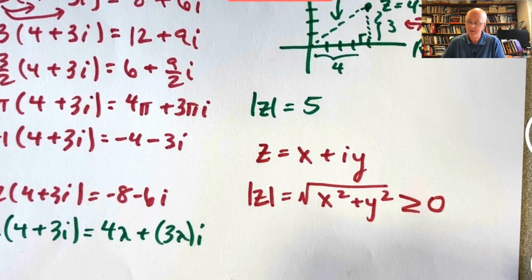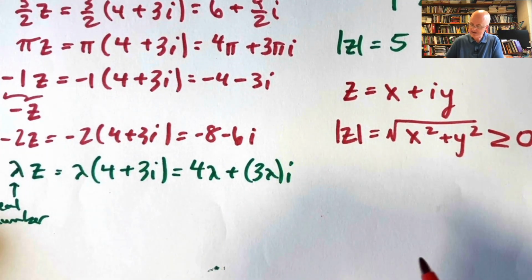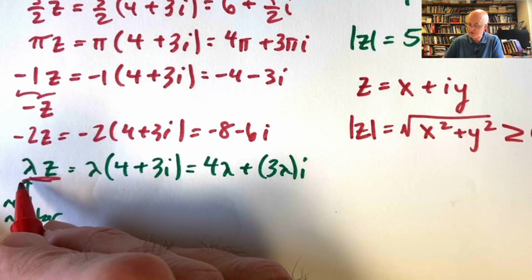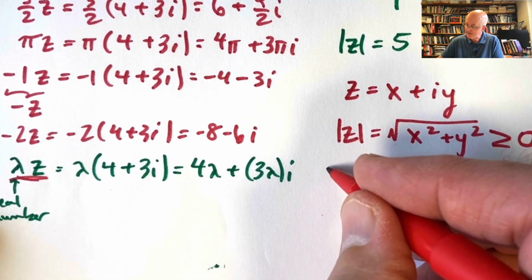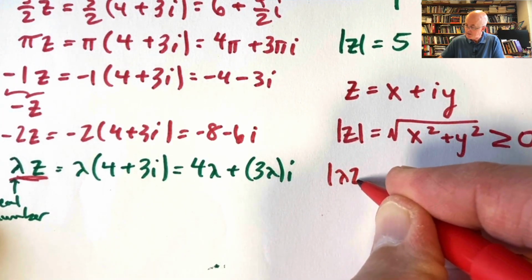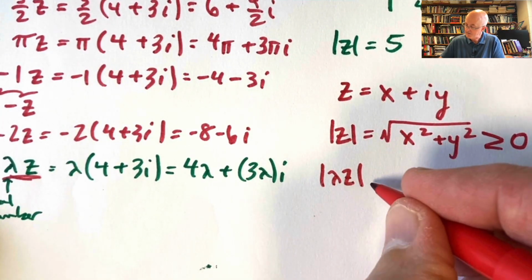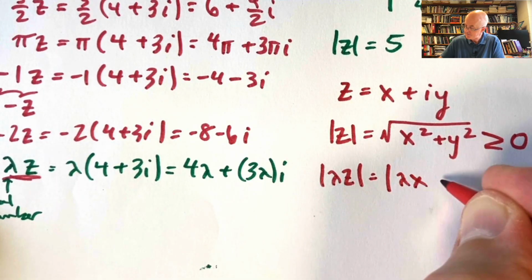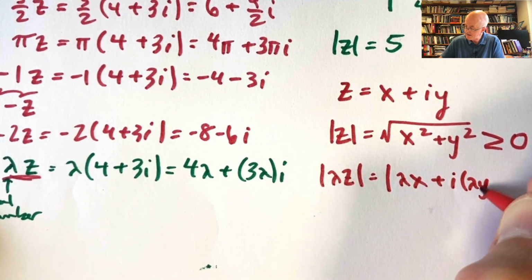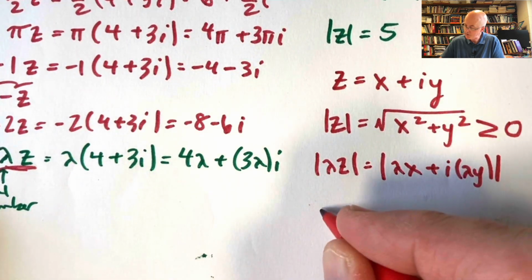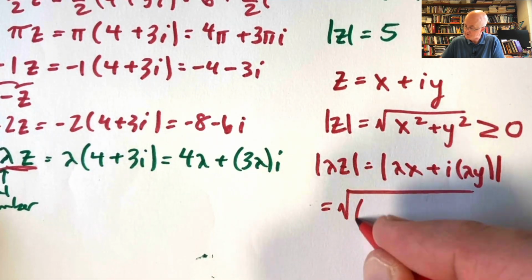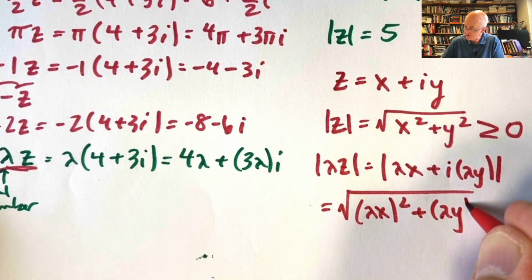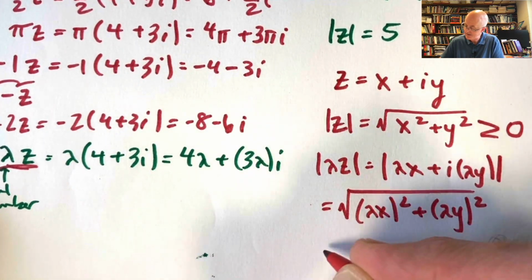A general formula that I can write down based on the pattern that we see here for multiplying a real number lambda times z can be found as follows. What is the modulus or absolute value of lambda times z? It would be the modulus of lambda x plus i lambda y. By the pattern of this formula, that's going to be the square root of lambda x quantity squared plus lambda y quantity squared. Again, no i in there.